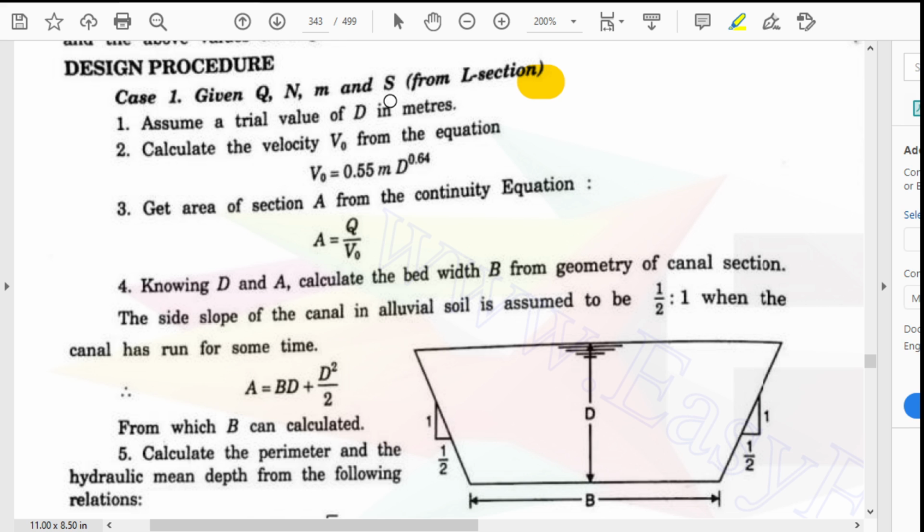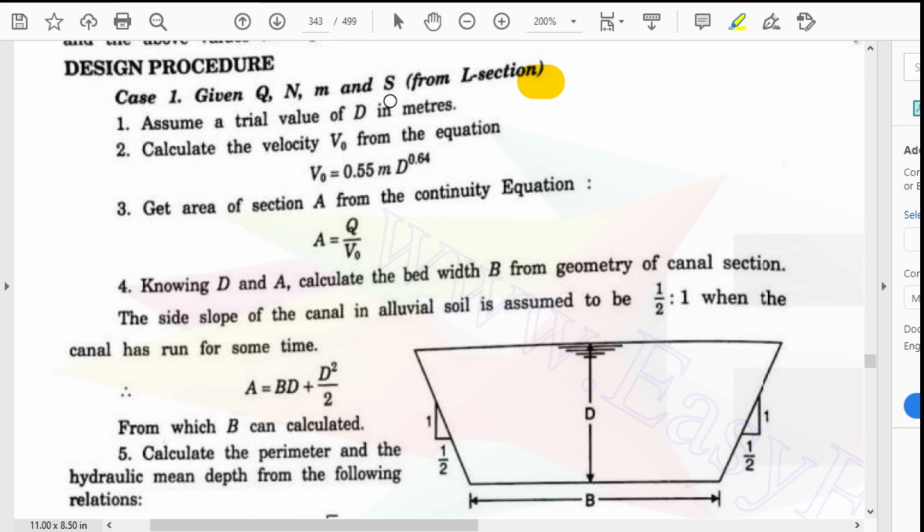Okay, hydraulic mean depth. Now in this procedure, this is a trial and error procedure. You have to try for some depths, and if it is correct then you stop, or if it is incorrect then you again take some other trial.